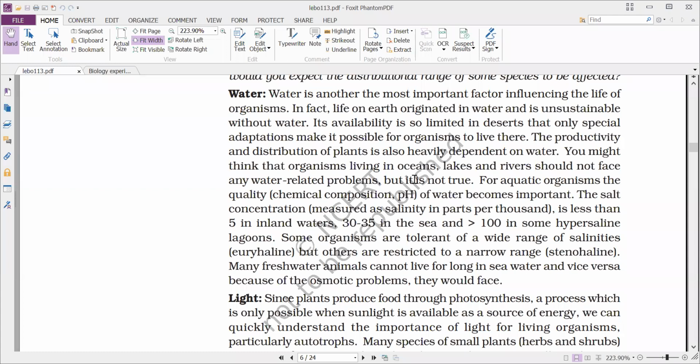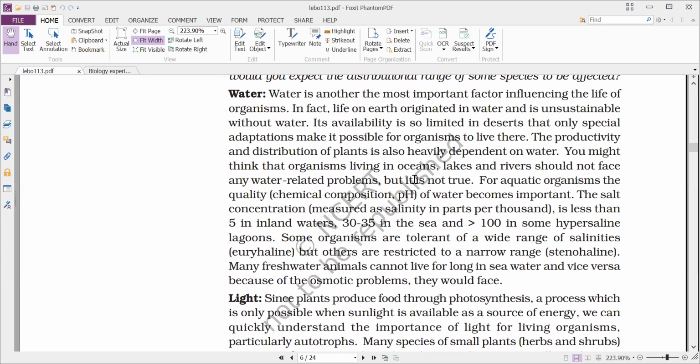And next, you might think that organisms living in oceans, lakes and rivers should not face any water related problem, but it is not true. Even though the organism is living inside the water, they will face certain problems related to water. Why?